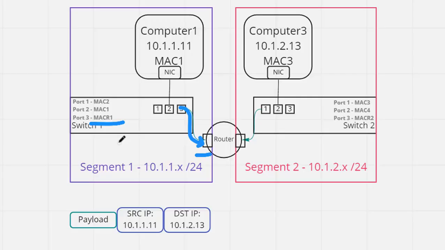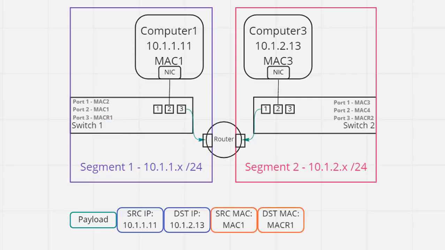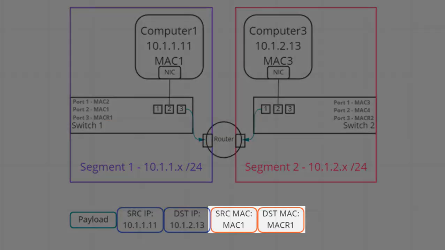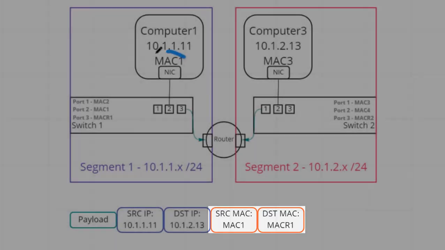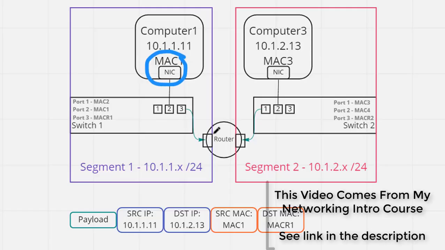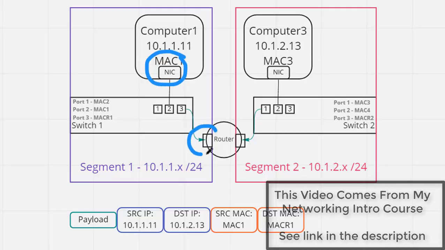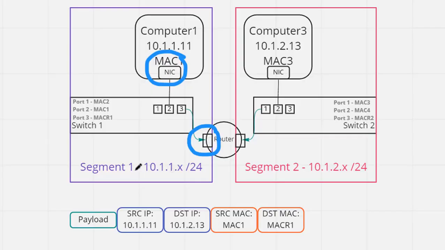Now we're just going to call that MAC address MAC R1. And so now the layer 2 addressing is going to be appended, and we're going to create an Ethernet frame. So the computer generates an Ethernet frame with the source MAC address being the MAC address of this computer, and the destination MAC address being the MAC address of the router interface that is connected to segment 1.